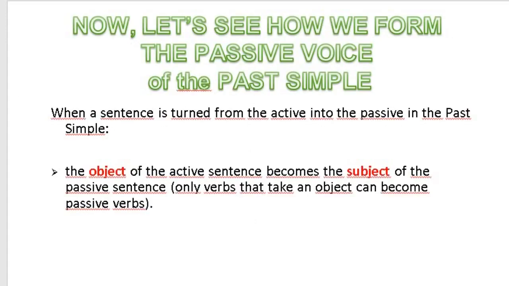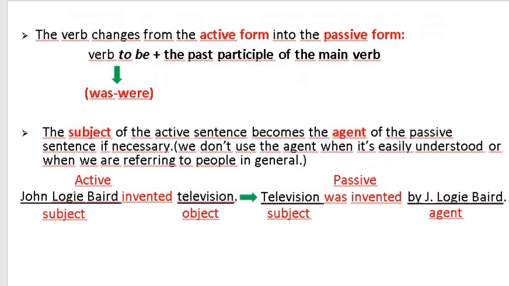Now let's see how we form the passive voice of the past simple. When a sentence is turned from the active into the passive in the past simple, the object of the active sentence becomes the subject of the passive sentence. Only verbs that take an object can become passive verbs. The verb changes from the active form into the passive form.